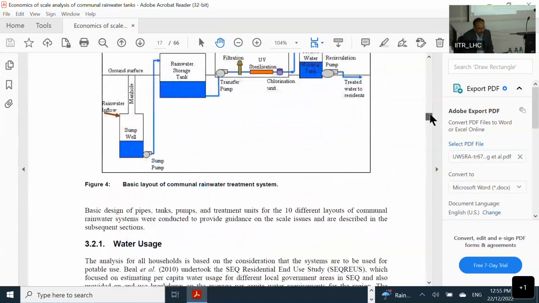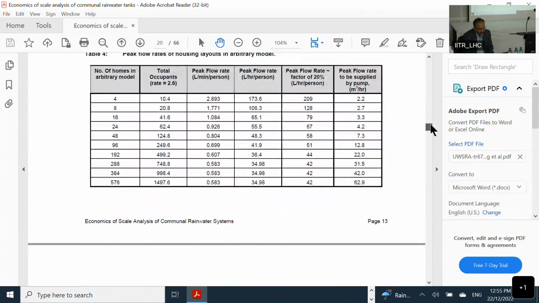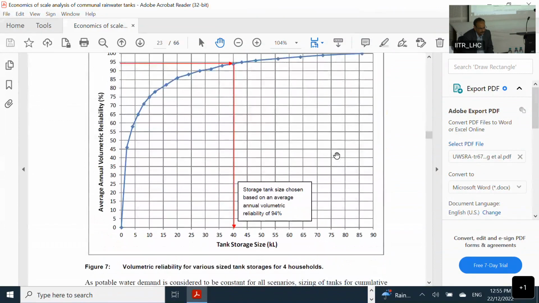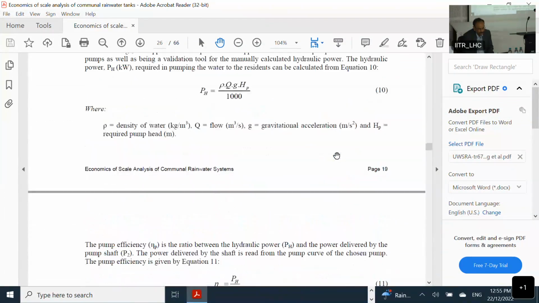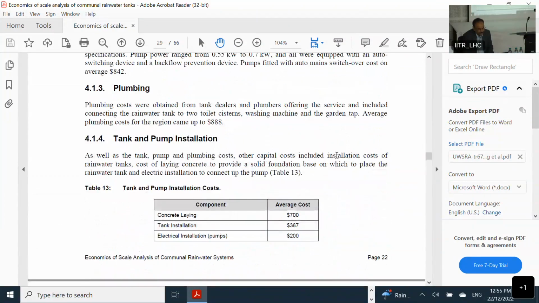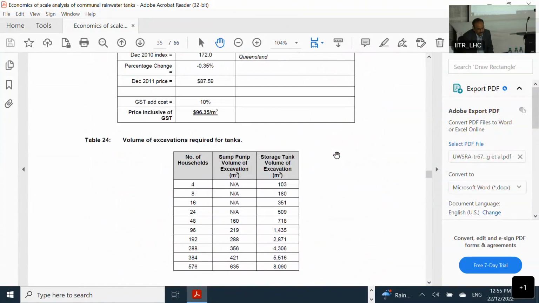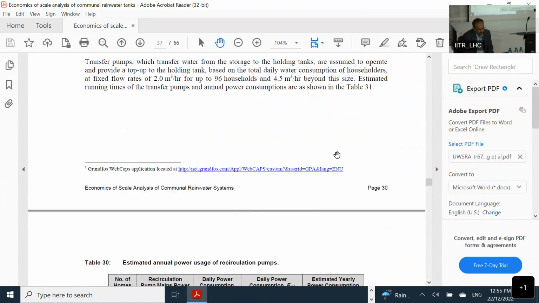Another part we looked at was that it is not only about the cost of the system, but we also looked at what the impact would be if we change the slope. That analysis is also included in this report.